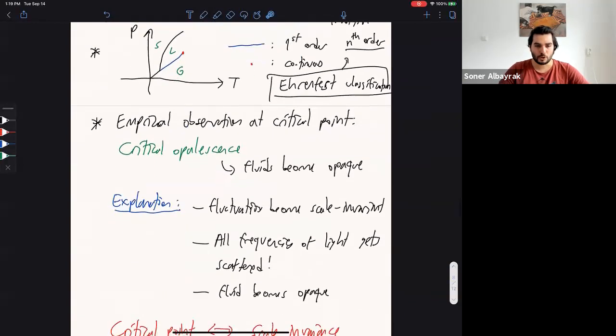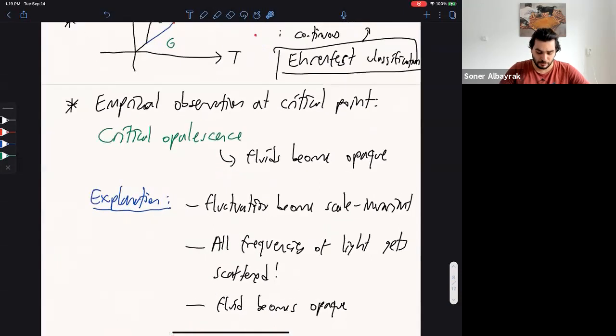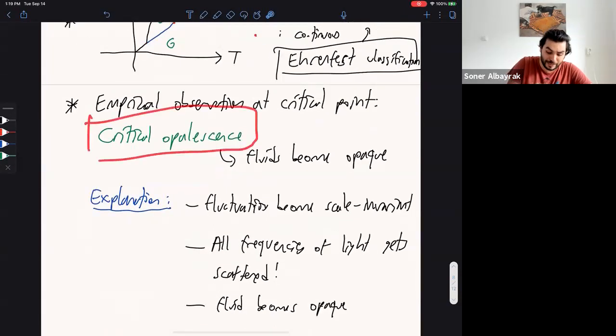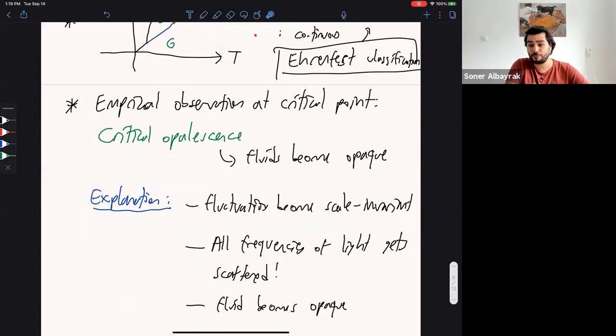So far, so good. So what can we observe at this critical point? We saw that there's this phenomenon called critical opalescence. The transparent fluids became opaque, like they had this milky look that you couldn't see through. I actually shared a video of experiments showing this phenomenon in the Slack channel. Please check that.